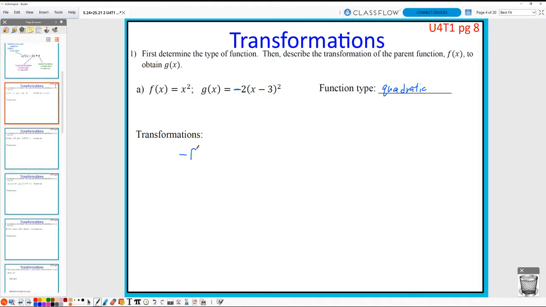The negative tells me there is a reflection over the x-axis, while the 2 tells me that there is a dilation. Specifically, there is a vertical stretch, so there is a dilation by a factor of 2.